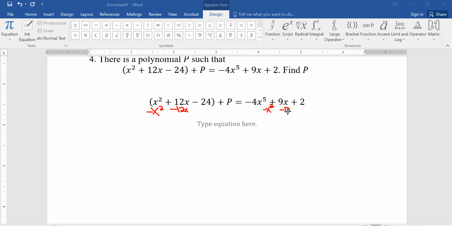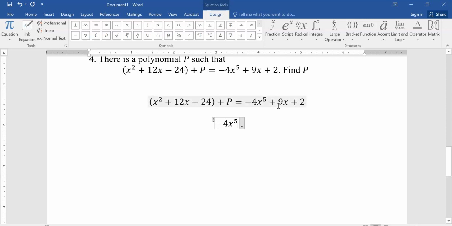So subtracting 12x from both sides will combine with the 9x. And by the way, adding 24 to both sides will in fact combine with the adding of 2. All right? So that's the idea. So when you do this, you're going to get minus 4x to the fifth.